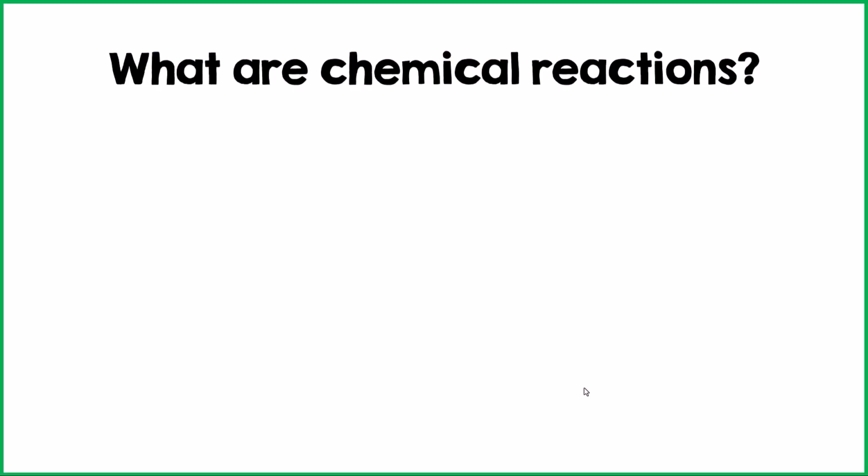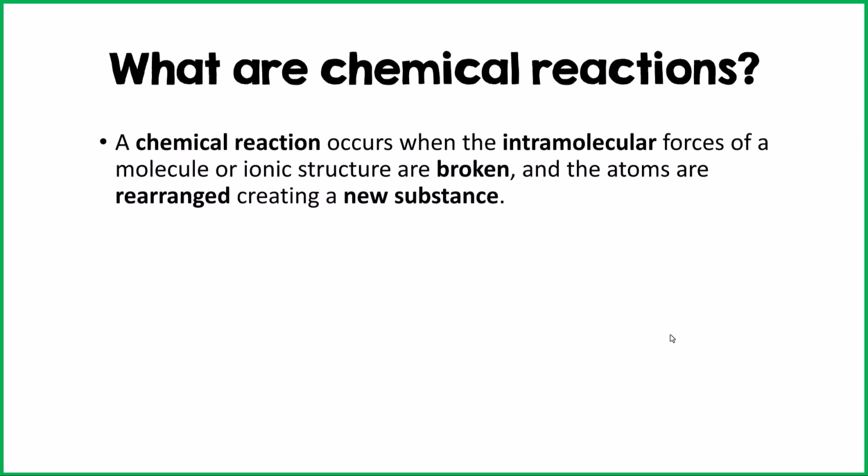What are chemical reactions? Well, a chemical reaction occurs when the intramolecular forces, so the forces between the atoms within a molecule, of a molecule or ionic structure are broken, and the atoms are rearranged, creating a new substance.